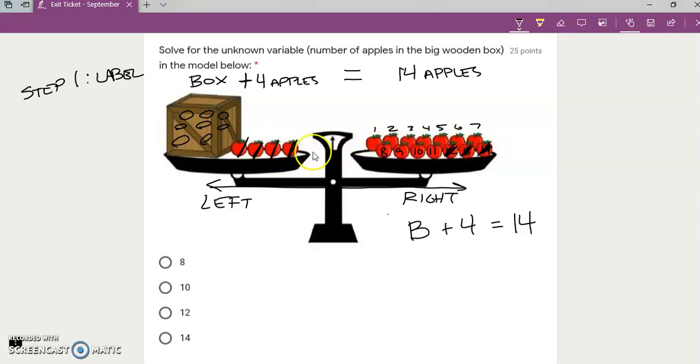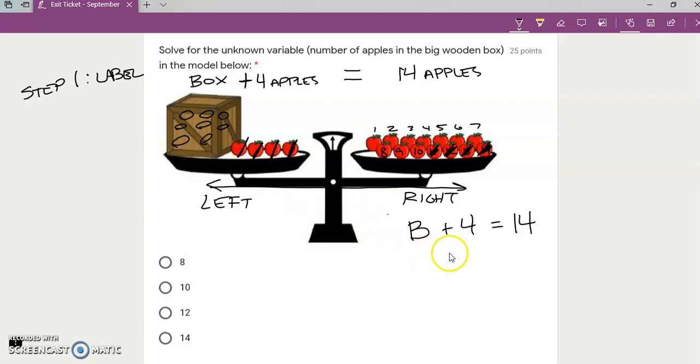And then I take away 4, I take away 4. So just by looking at it, after taking away those 4 apples, how many should I have left over? 1, 2, 3, 4, 5, 6, 7, 8, 9, 10. So just by looking at the picture, without doing any calculations, I think there's probably 10 apples in that box, or they weigh as much as 10 apples.